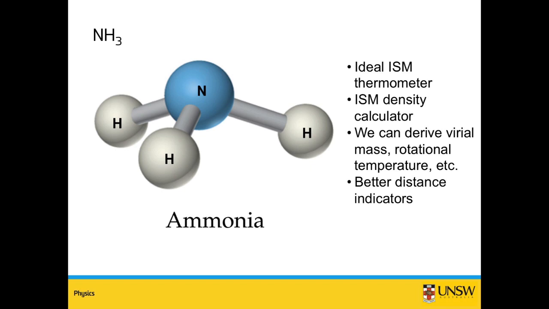It can be used for cold temperatures like 5 Kelvin, and for really high temperatures as well. At cold temperatures, carbon monoxide, carbon sulfide and all these molecules freeze out onto dust, and you cannot really use them as tracers for star formation, but you can still use ammonia.